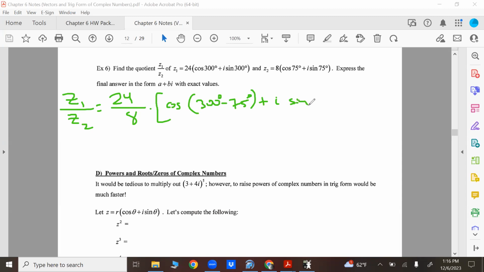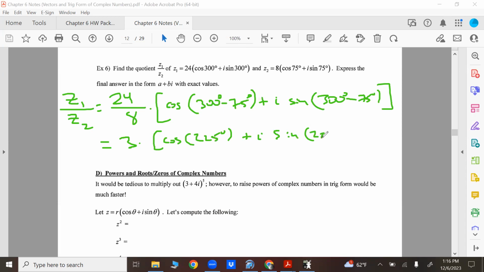Oh, sorry, what was that, Brooke? Are we trying 225 plus 225 is equal to negative 2. 24 over 8.